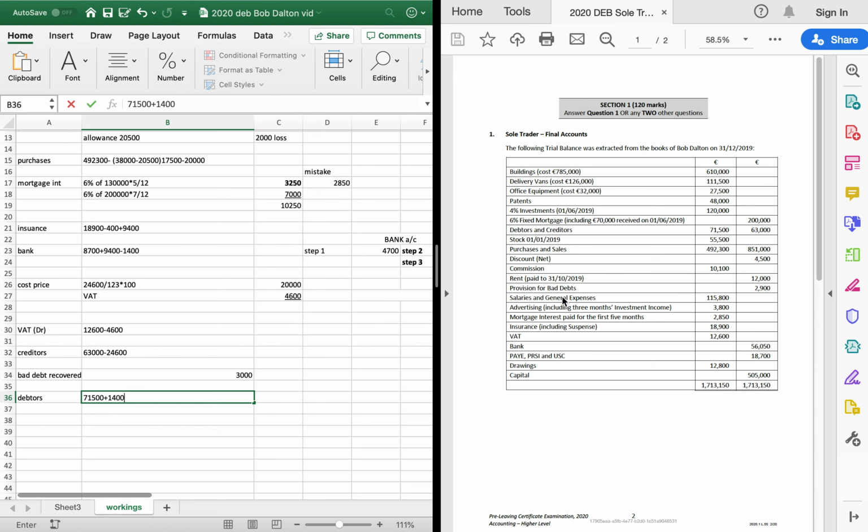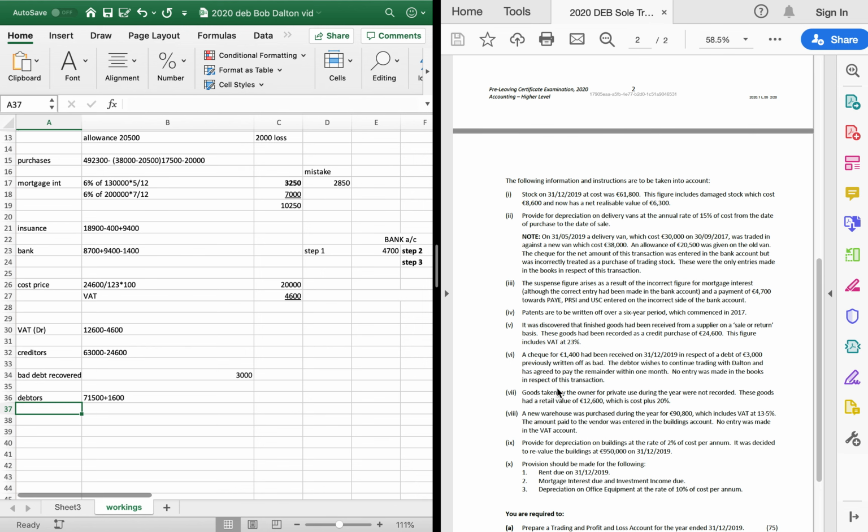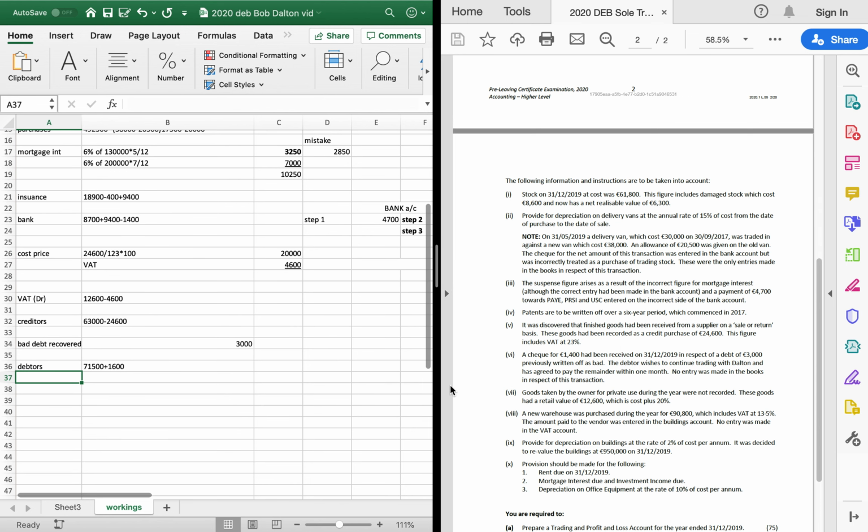Okay, so sorry, 1,600, isn't it? What was the check for 1,400? So we're adding the difference, 1,600, onto debtors. Okay, so that's that working done. Nice and easy. It seems more difficult than it is. So the full amount is bad debt recovered. The amount you receive goes into the bank. The difference between what you receive and what you're going to receive is added back onto debtors.